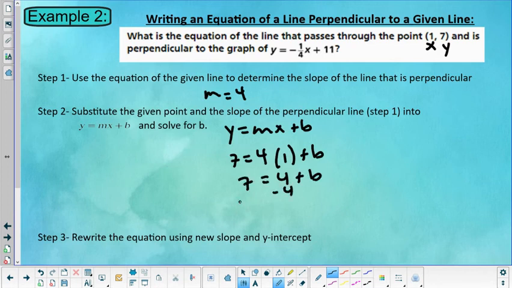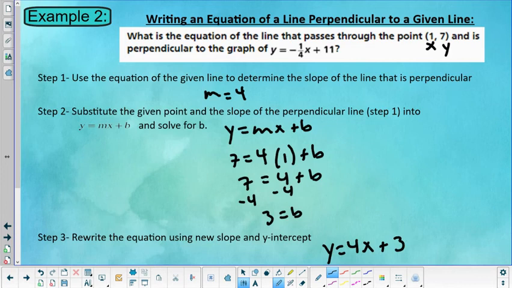And if I subtract 4 from both sides, again, 3 is my intercept. This is just a coincidence that it's 3 again. So now I can rewrite my entire equation with my new slope and my new y-intercept. I can say y equals 4x plus 3.